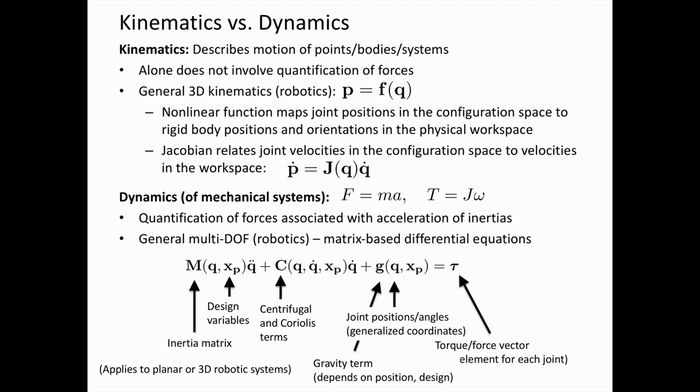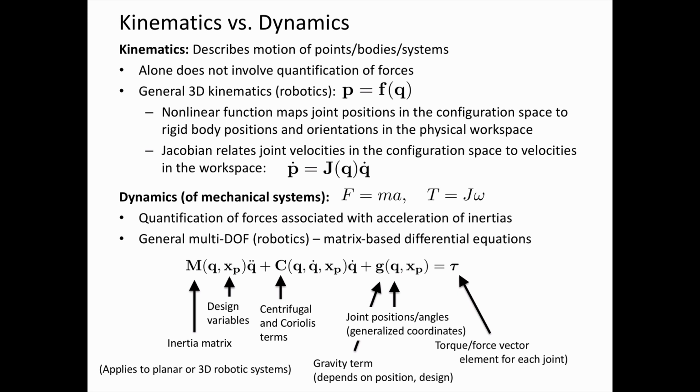On the left, we have the inertia term with the inertia matrix. And notice that the inertia matrix, it's sort of like the mass matrix that we've seen before when we're looking at torsional vibration. It depends on position, Q. It depends on the state of the robot. It, of course, depends also on the design of the robot. And then that is multiplied by the acceleration of Q to give us the inertia term.